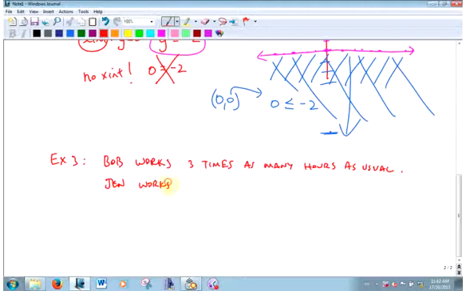Jen works twice as many hours as usual. Because it's like, I don't know, Christmas break, and they're not going to school, so they can put in some more time. Okay? Make sense?